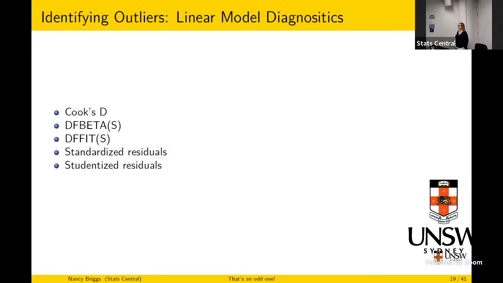So we're going to be looking at differences in betas and differences in fits. Then we can also use things that you have probably heard of before, standardized or studentized residuals. But I'd say that the most common methods of identifying outliers and influential data points are the first three.